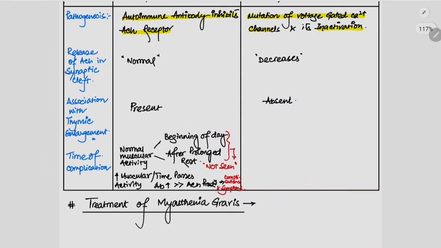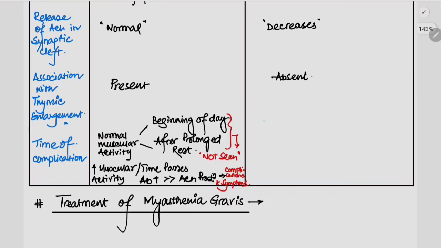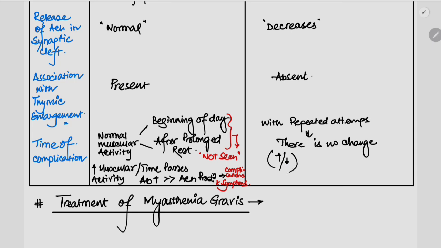Okay. But in case of Lambert-Eaton syndrome, with repeated attempts, there is no change. Increase or decrease in the complication.